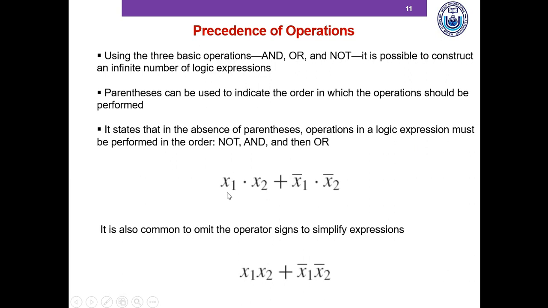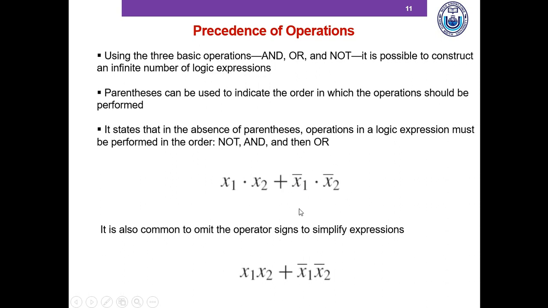So here, for example, we have a logic expression with no parentheses. The first thing that we need to do is the NOT here. So x1 bar, or x1 NOT, and x2 NOT. We need to compute these two first. And then we perform the AND operation, that is x1 and x2, and x1 NOT and x2 NOT.